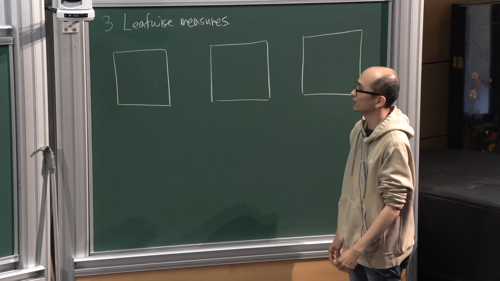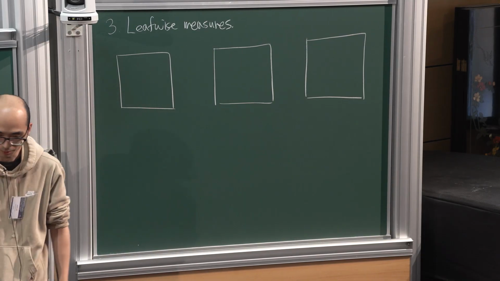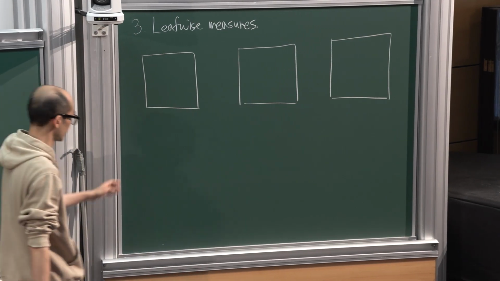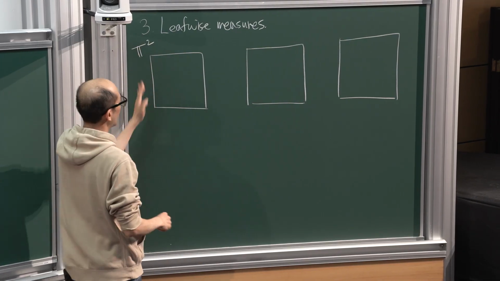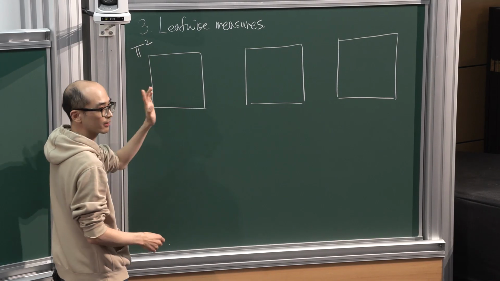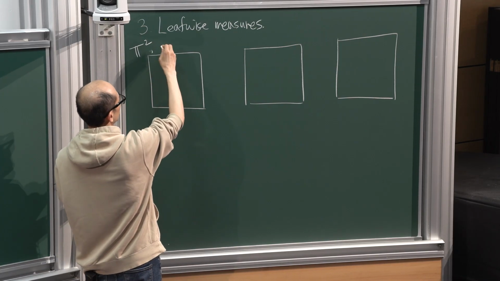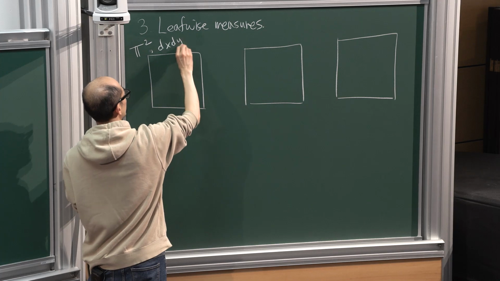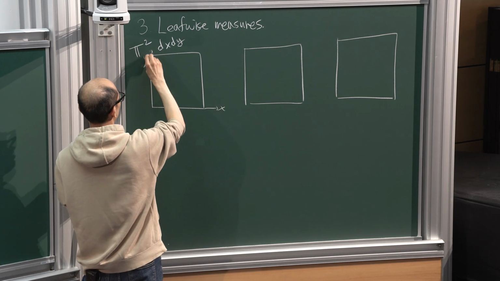So the leafwise measure. I want to start with some probability or calculus from an undergraduate course. I have a torus T2, or R2 if you want, or a square in R2. In T2, I have a nice measure, which is dx dy. Let's say this is the x-axis and this is the y-axis.